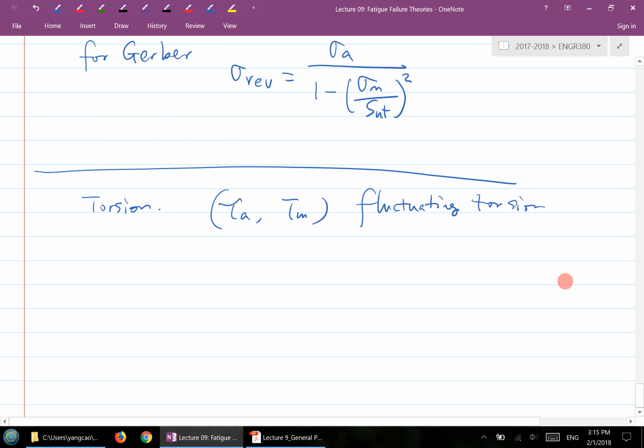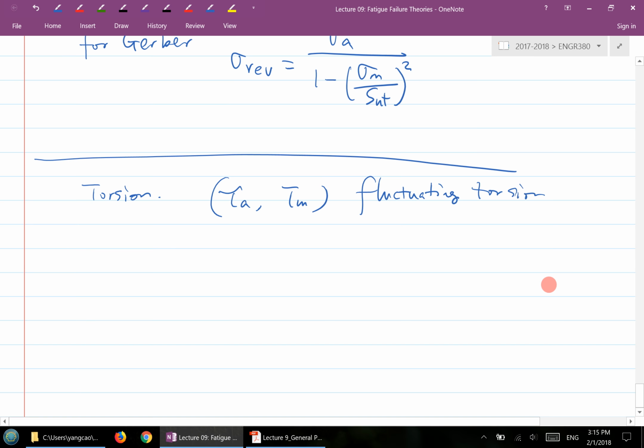We can use the existing formula to do some replacement to derive the failure criteria for torsion here. I'm going to use the Goodman line criteria as an example.